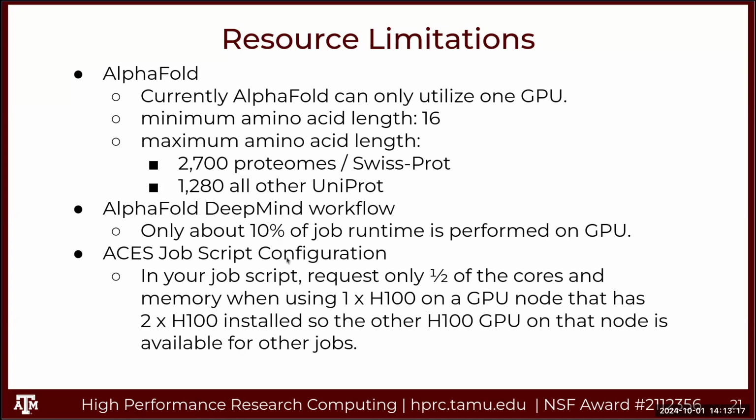So for 90% of the time, say your job takes 20 hours to predict, for 19 hours the H100 GPU is idle. If you run it this way, only an hour or two actually uses a GPU. So this is why we broke it into two, or we're running AlphaFold using the Parafold workflow, which divides the 2 steps into separate jobs.